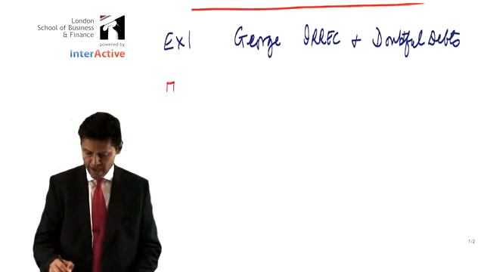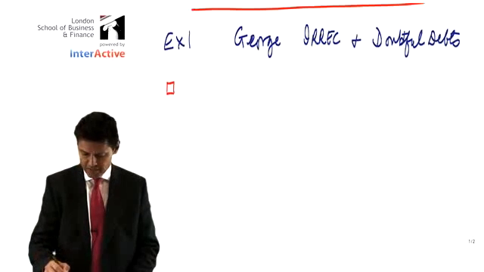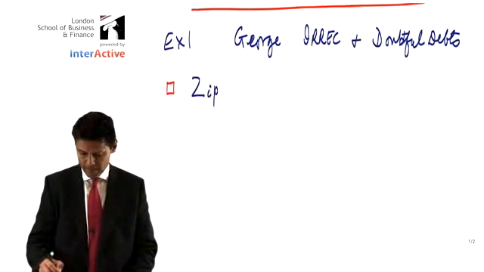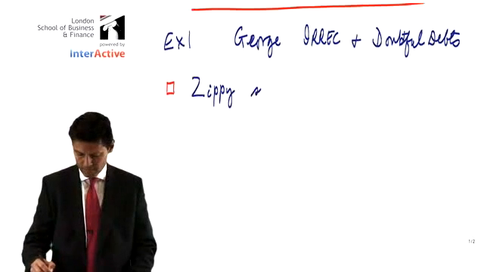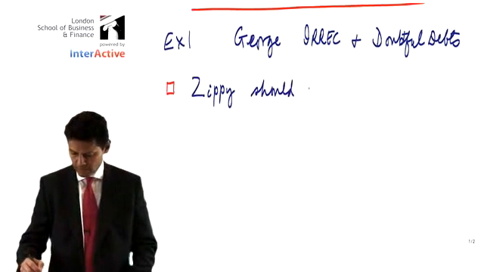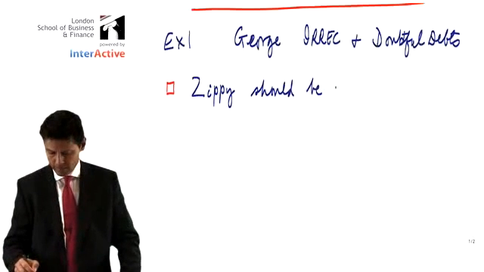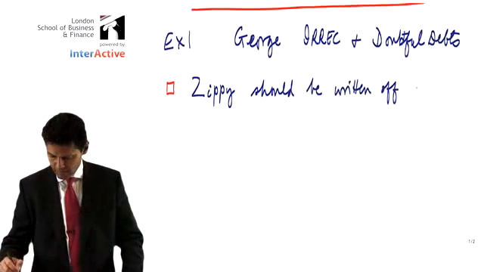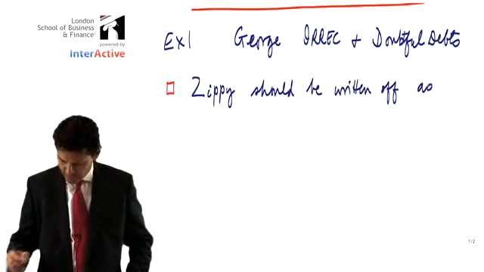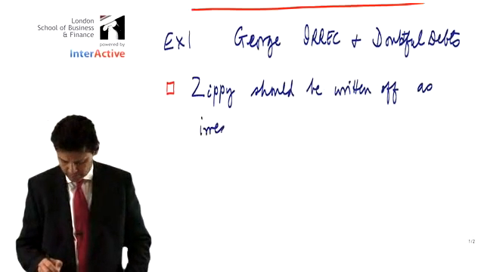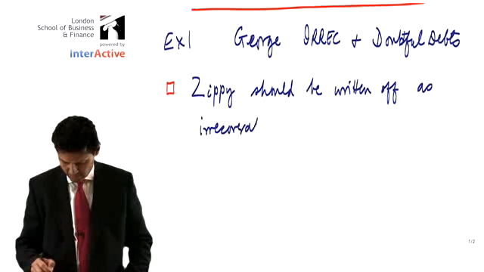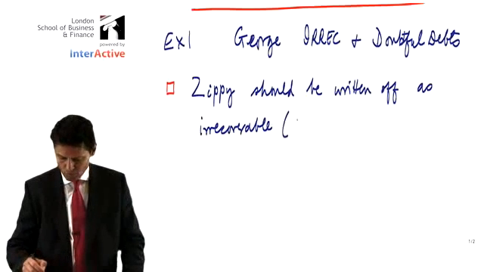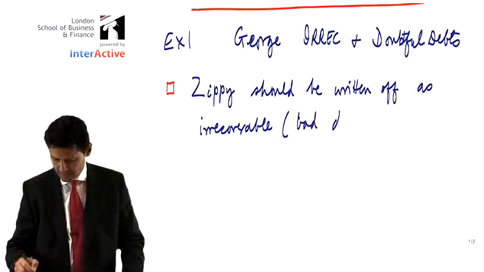Systematically, we go through the facts. The first bit, I suppose, is that Zippy should be written off as irrecoverable or bad debt.